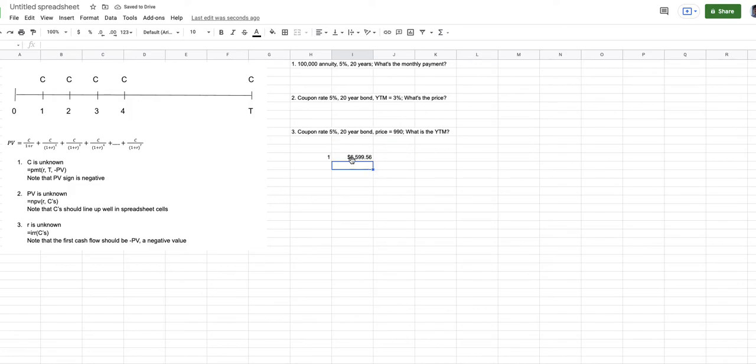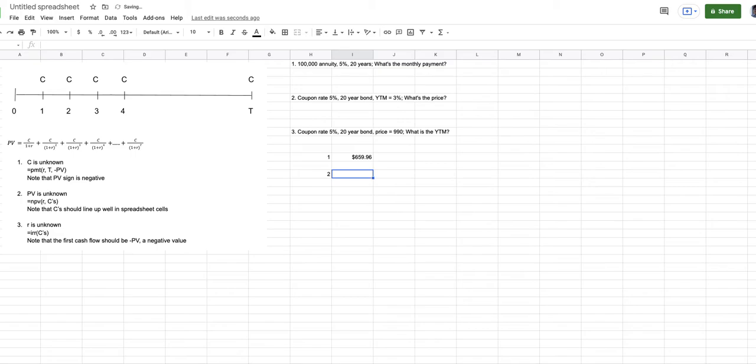This is what you get in the monthly payments. I think I have too many zeros, so this is 1 million, now 100,000. So if you buy an annuity with an initial investment of $100,000, you can expect to get $659, almost $660 back per month. So that's the first application.